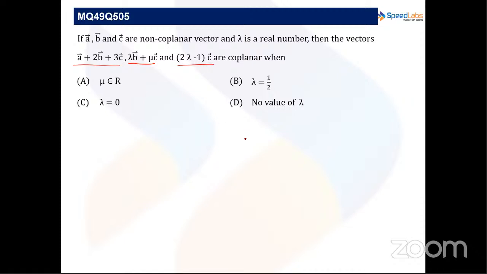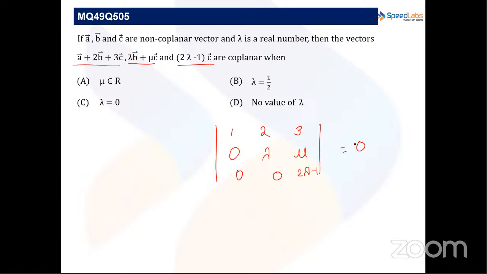If the three vectors are coplanar, then the determinant value is 0. For the first one, the coefficients are 1, 2, and 3. For the second one, 0, lambda, and mu. And for the third one, 0, 0, and 2 lambda minus 1. And this should be equal to 0.